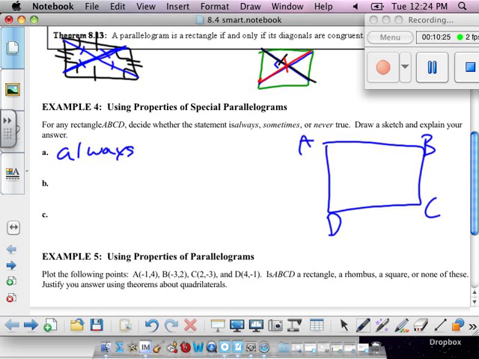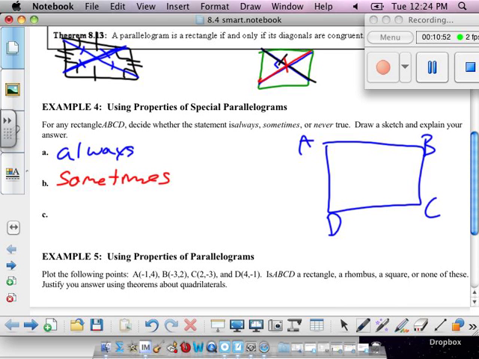Sometimes. Why is it sometimes? Raise your hands. Yes, Chris. Because a square could be a rectangle, and a square would have all four sides congruent. Very nice.